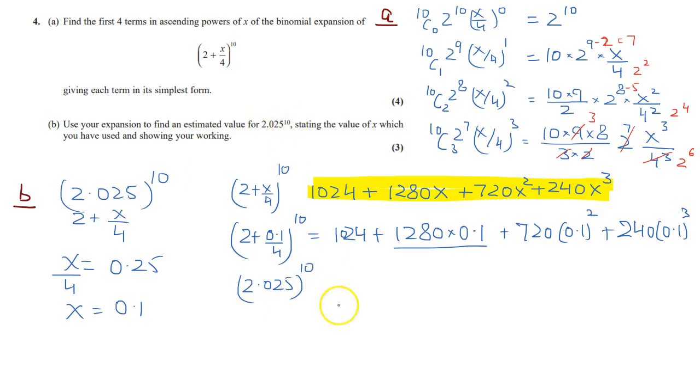That is what we have to estimate. So this is 1024. This will become 128. This will become 7.2. And this is plus 0.24. So if you calculate this, you will get 1159.44.